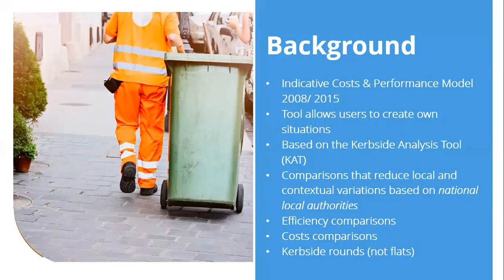As I mentioned, it's based on the Kerbside analysis tool, which is RAP's own in-house local authority collections model. It allows comparisons that take away the contextual variables, and they're based on national local authorities, but also notional situations.